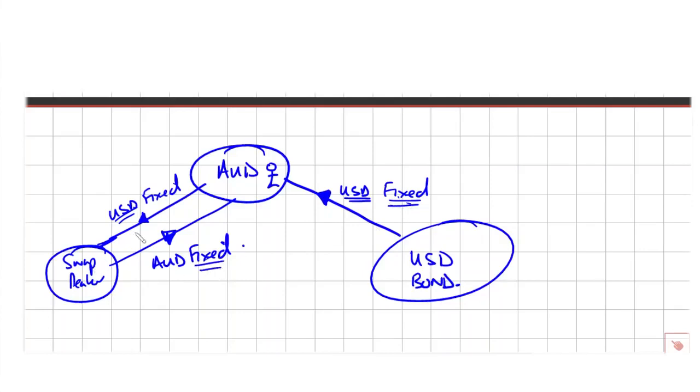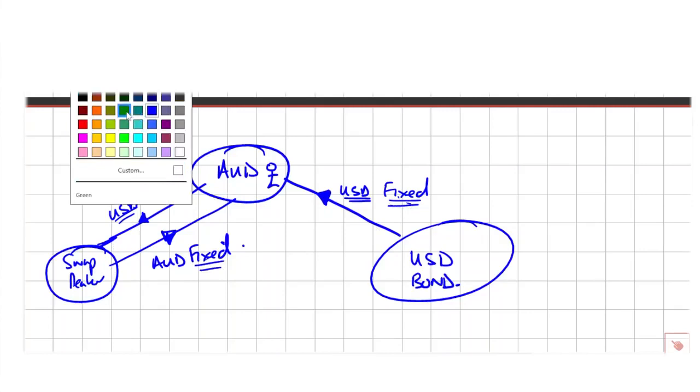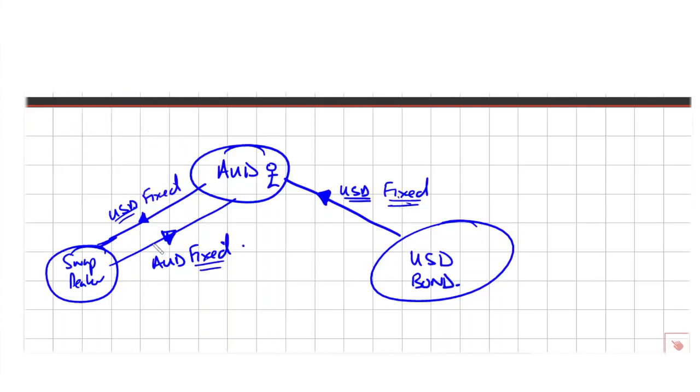Now, the thing about this cross-currency swap is that you do need to exchange principals at the start and the end of the swap's life. The way to think about which way the principal goes is to think, look, the reason why this investor is making US dollar payments out is because they actually have, at the start, received US dollar principal in. So they've borrowed US dollars in at the start.